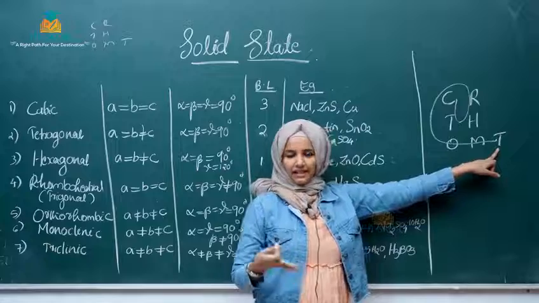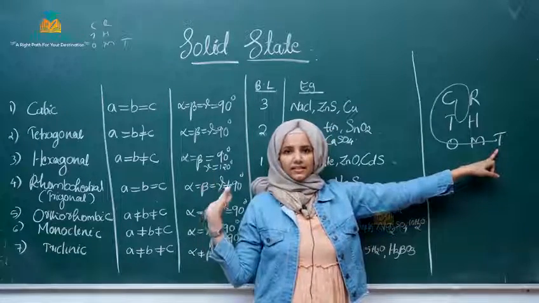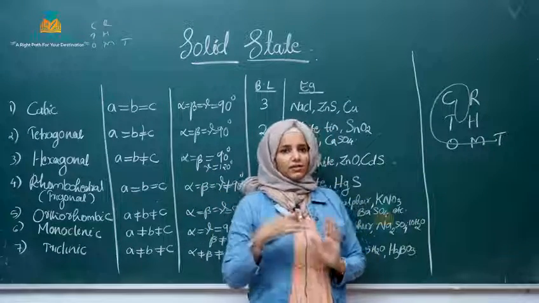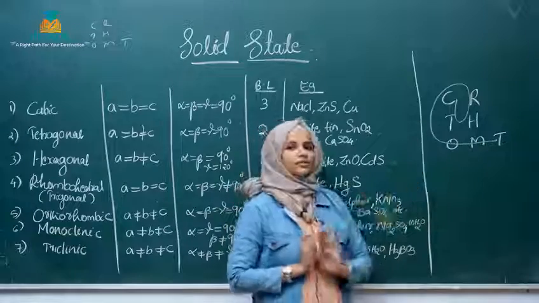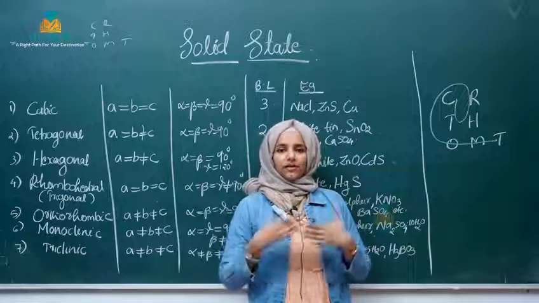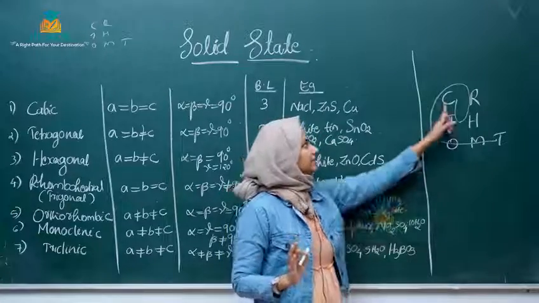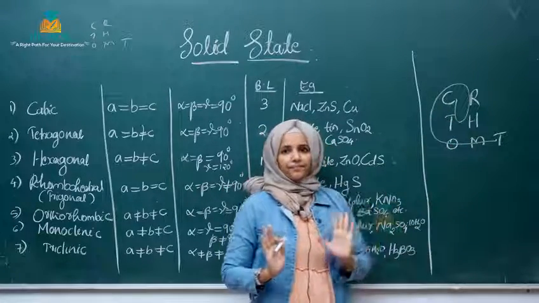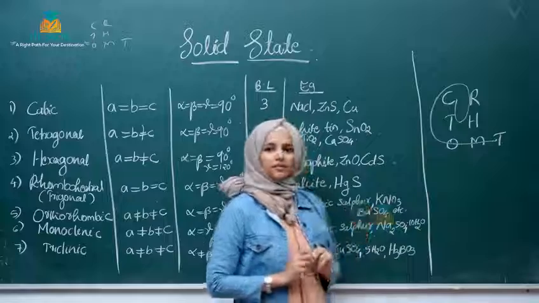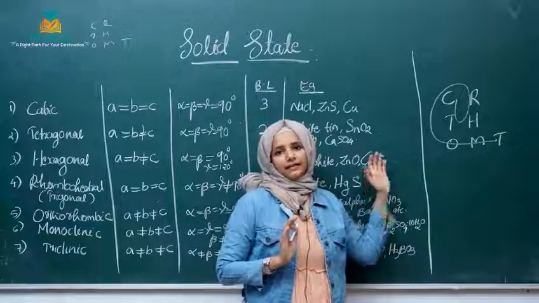I am telling a trick for remembering these 7 crystal systems and their specialities. For that trick, first you have to be thorough with the word C-thrombed. Then you write the word like this, and you will get an easy method for remembering the angles and the sides.